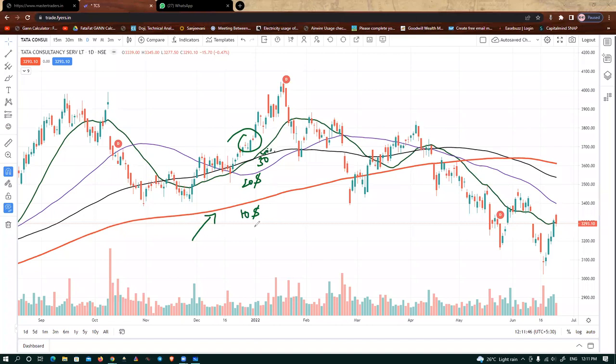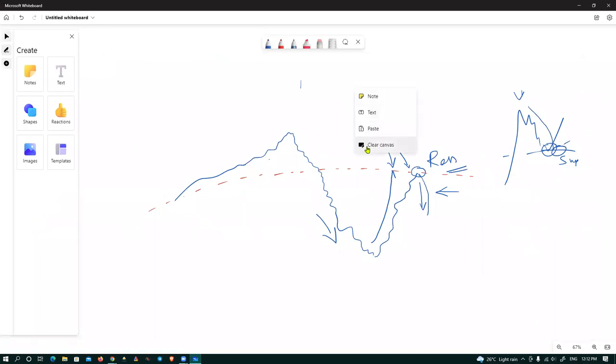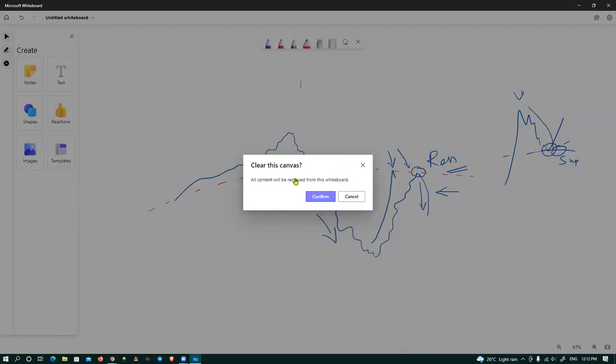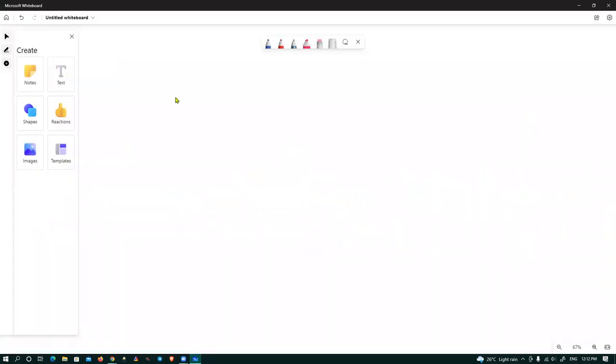In the sense, the recent person is earning above the average of all this. So he is strong. Now, you understood the concept of using moving average.